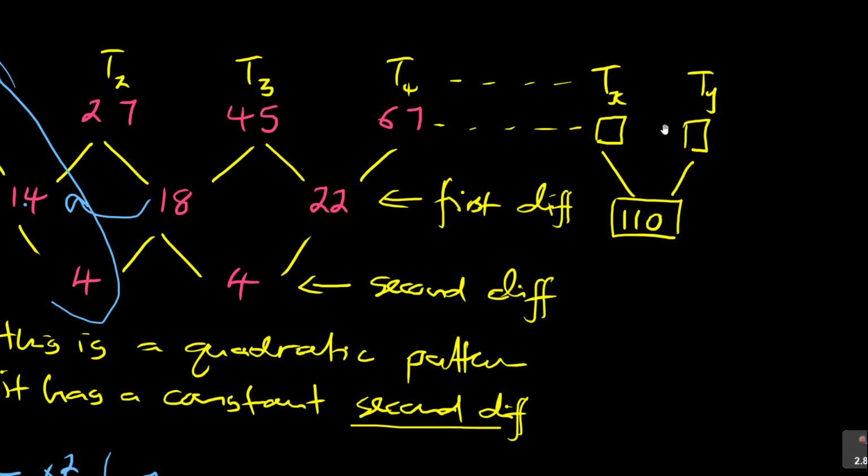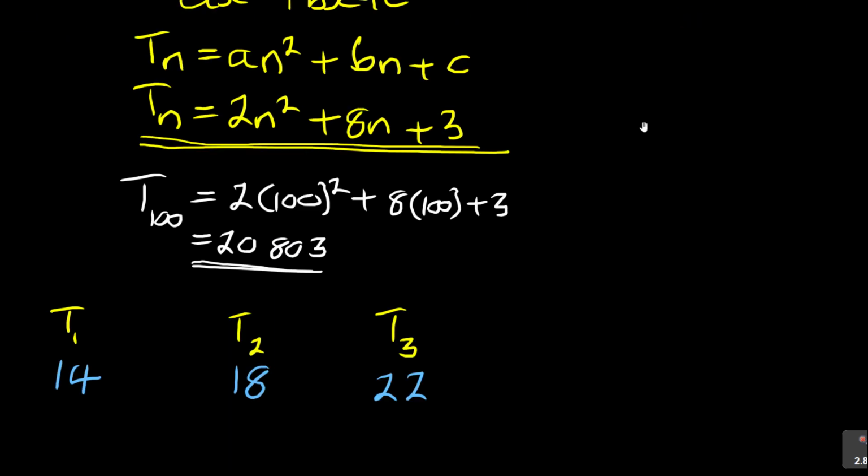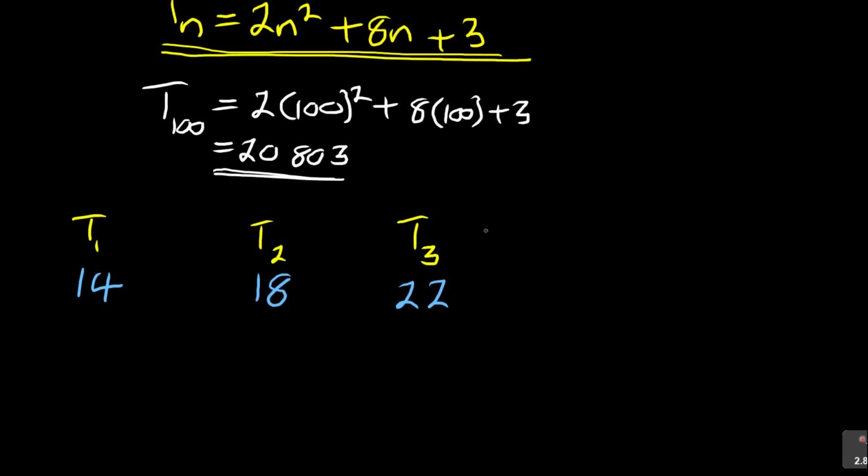So how will you work it out? First of all, I wrote this as a new pattern, 14, 18, 22. So pretend it's a pattern, and then suppose you want to grow it up to what? You want to grow this up to 110. The question is, what is that tx? Or let me call it tn.